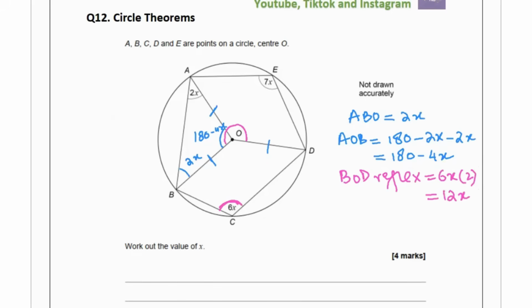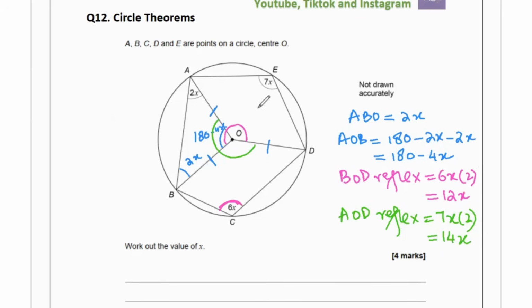Similarly, this angle is going to be twice of 7x. The same property, angle at the center is twice the angle at the circumference. So if this is the angle at the circumference, this is the center. So reflex angle AOD is 7x times 2, which is 14x.